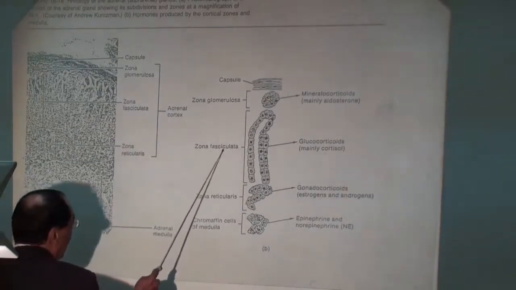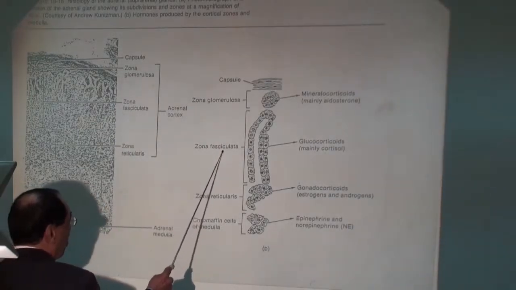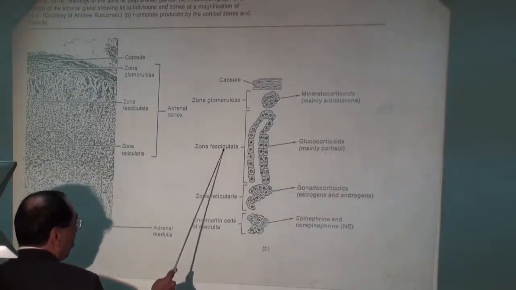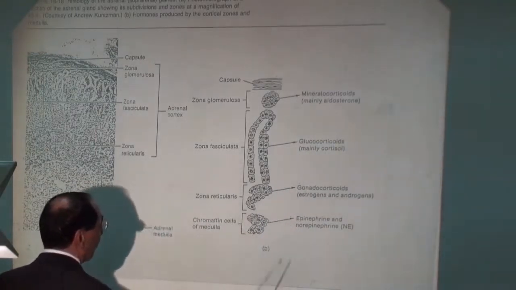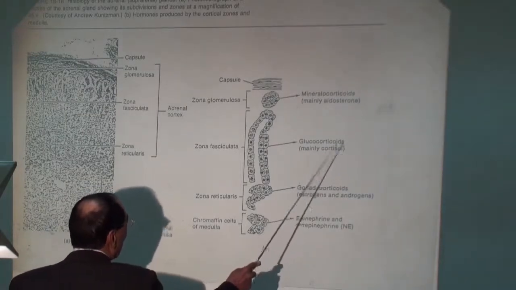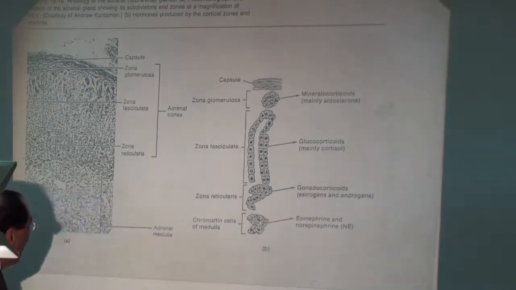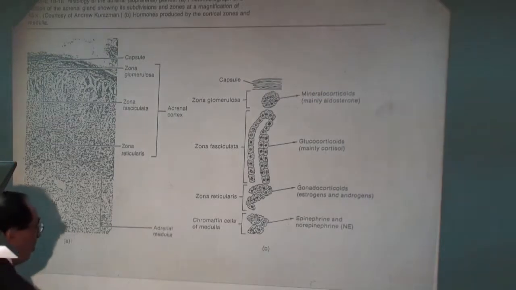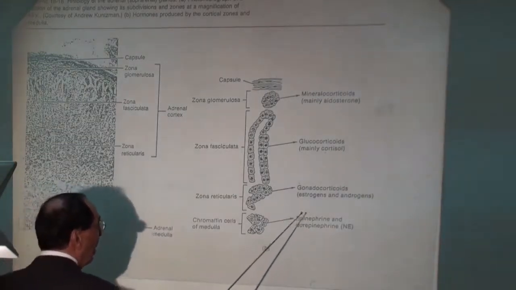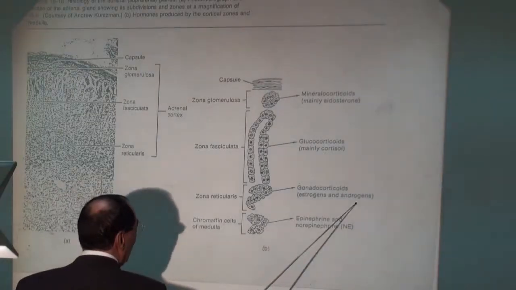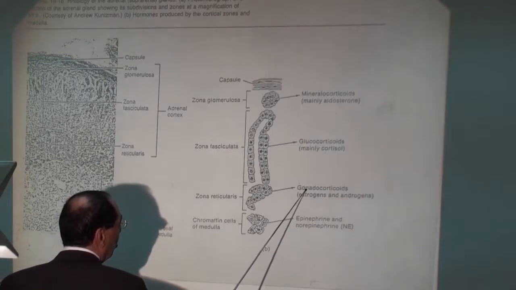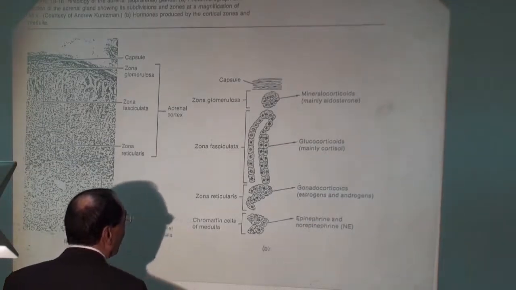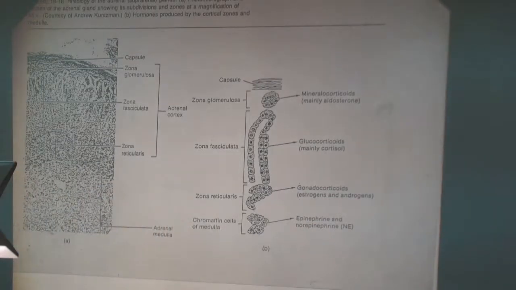The second zone, fasciculata, produces hormones collectively called glucocorticoids, mainly cortisol. And the third zone, reticularis, produces estrogens and androgens, or gonadocorticoids.